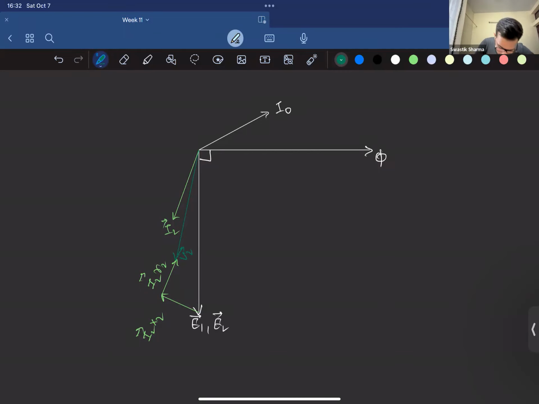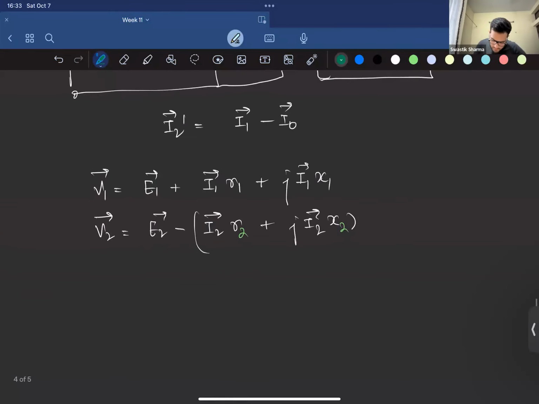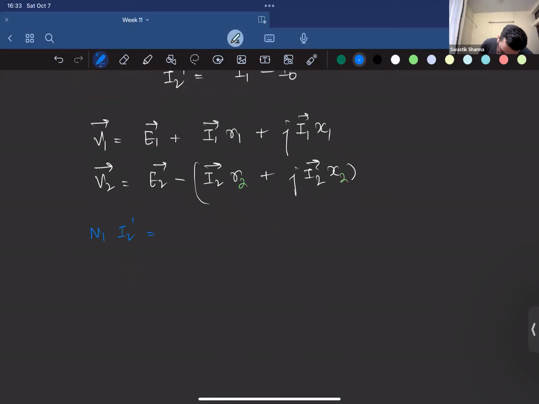So that's how V2 will be represented, and the current is lagging it by some phi 2 phase angle difference. Now, one more thing I forgot to tell you, this I2 dash is setting up the MMF, right? So N1 times I2 dash is equal to N2 times I2, which can be written as I2 dash equals N2 by N1 times I2, right?